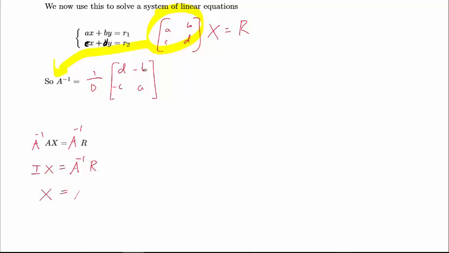So x equals the inverse matrix times R, which is 1 over D times dA, in this order, and let's go ahead and write out our resultant matrix, R1 and R2. And then you just multiply it through from there, and you have your result for x.